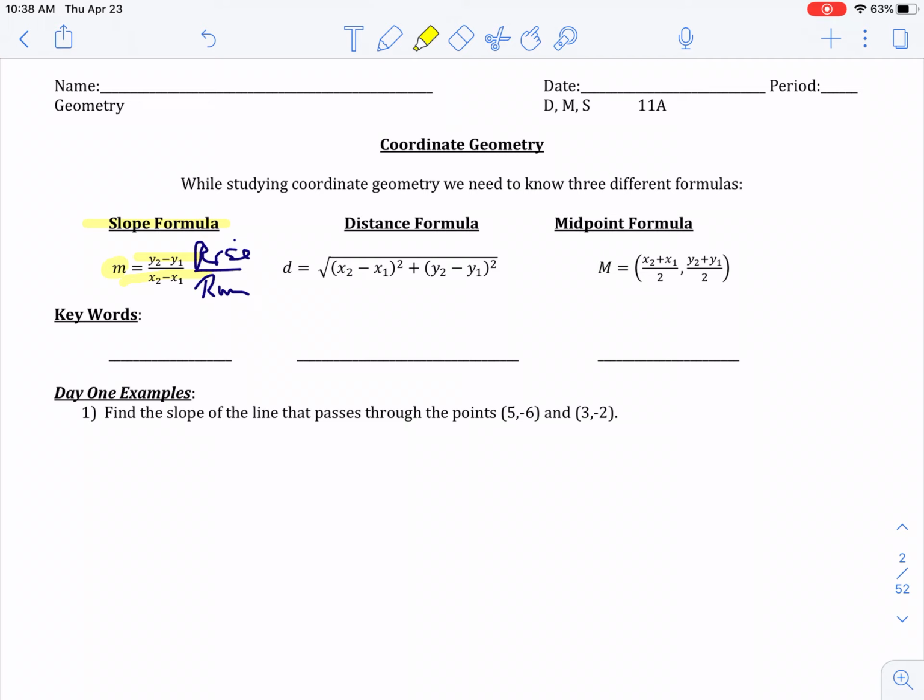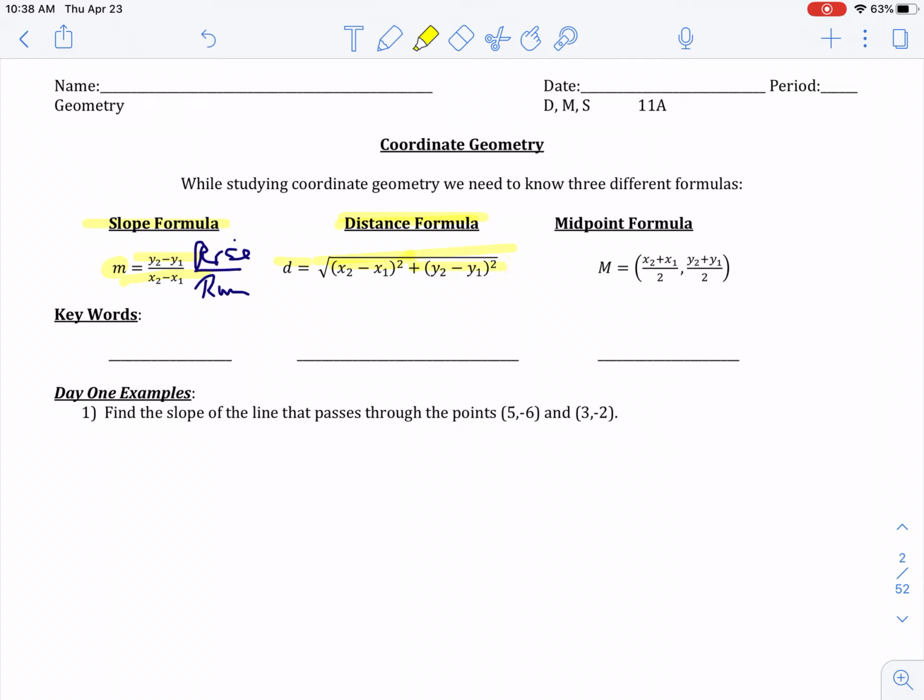Okay, the second formula that we're going to be working with is called the distance formula, and we touched on that a little bit in one of the forward chapters. So the distance formula is d equals the square root of the difference in the x's squared plus the difference in the y's squared.